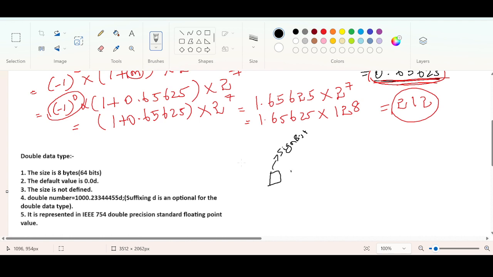And the exponent component has 11 bits reserved to represent the exponent value. In the float data type, 8 bits represent the exponent value, but in double, 11 bits. The remaining bits are 52 bits.